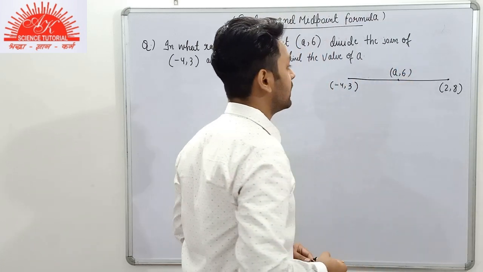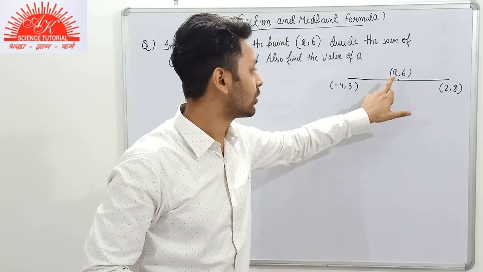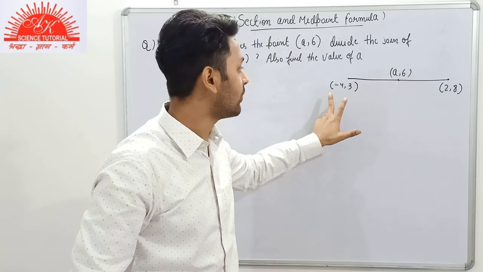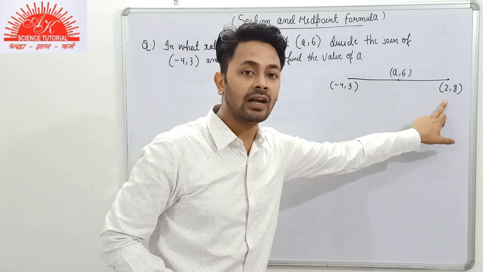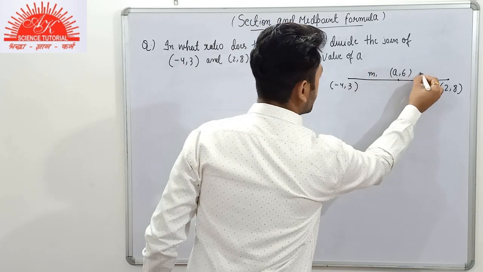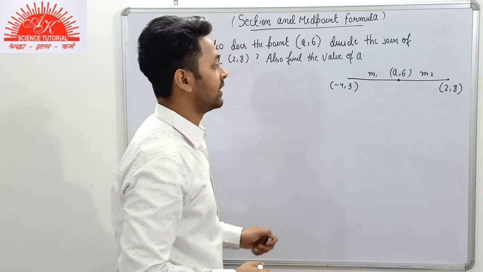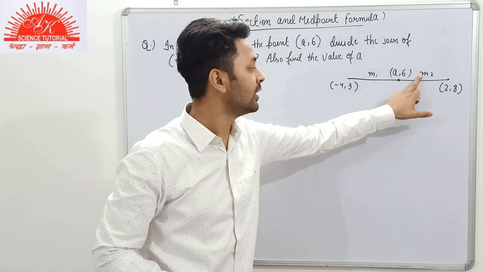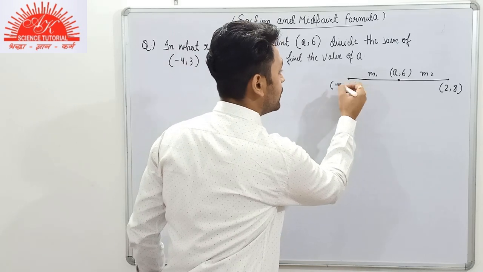We have to find the ratio in which the point (a, 6), the coordinates of this point, is dividing the segment between (-4, 3) and (2, 8). We have to find the ratio. The coordinate of the section point is already given here. We just have to find the ratio in which the line segment is divided into two parts.